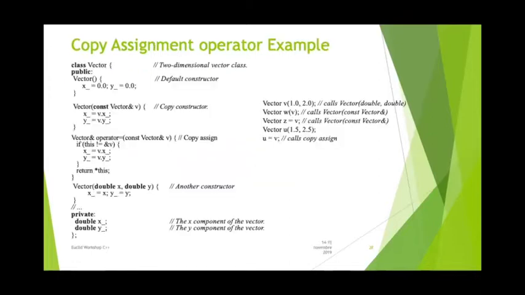And here's an example for copy assignment. Here we are using this. This is not equal to v, so it's a kind of condition. And then here we are calling constructor. Here we are calling again the copy constructor with two lines.